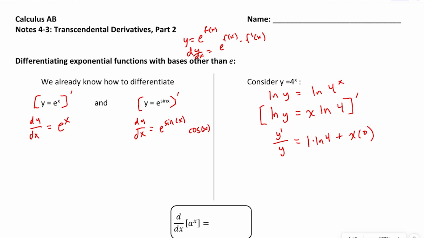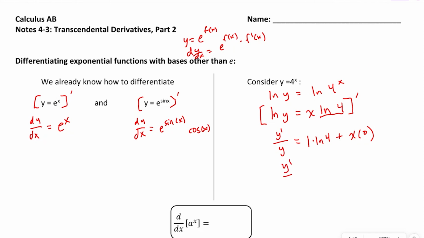If you already recognize the fact that natural log 4 was a constant, then you could have just differentiated this as natural log 4, right? Like if this is just like 3x and you differentiate 3x, you're going to get 3. So here, natural log of 4 is a constant. So we're just going to end up with natural log of 4. But I just want to show you the product rule in action to kind of explain why that is.